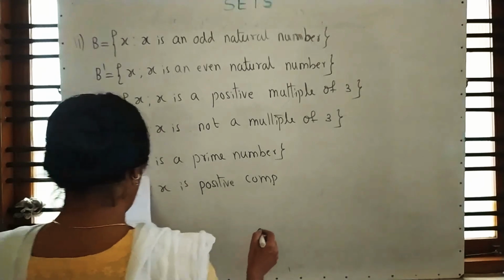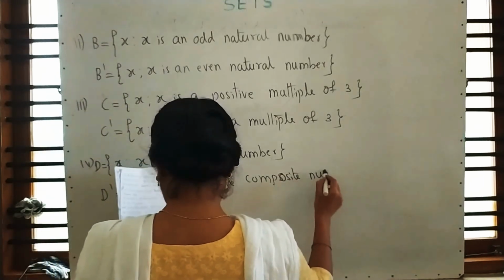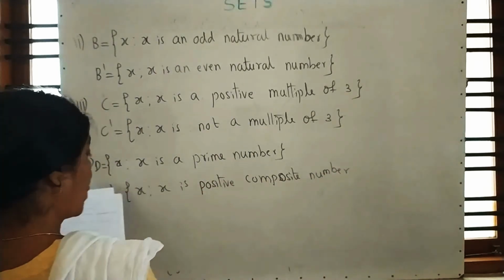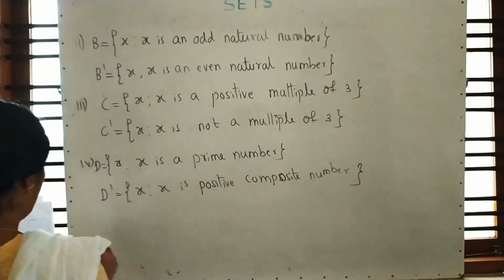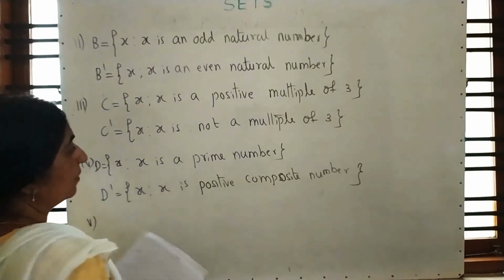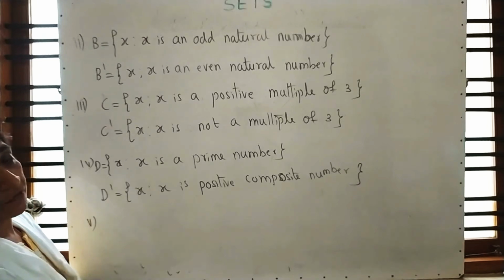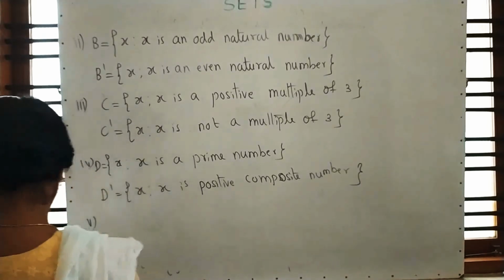Or you can write that x is not a prime number. The numbers other than prime numbers are called composite numbers.